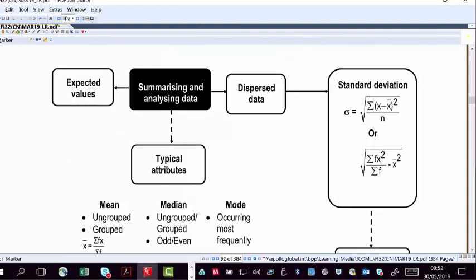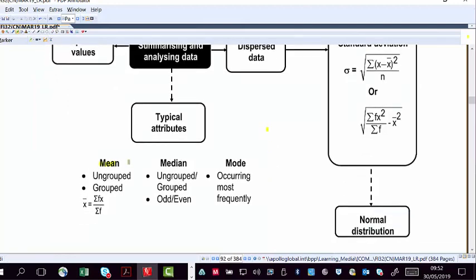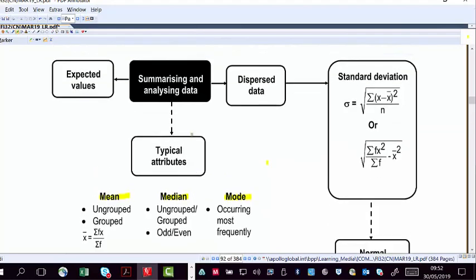We can see that the summary diagram covers each of the key learning outcomes. So there are some calculations that we need to be comfortable with. We need to be able to calculate the mean, the median, and the mode. We also said that we needed to be able to do some calculations in relation to dispersed data.